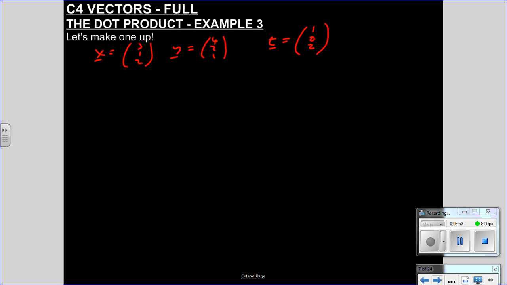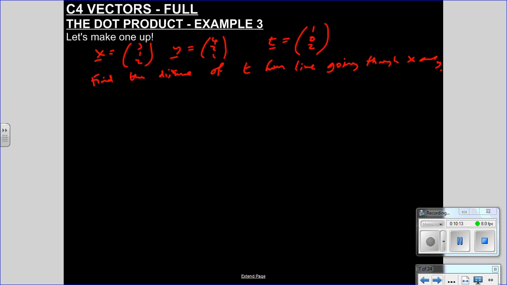And the question wants us to find the distance, the shortest distance of t from the line going through x and y.